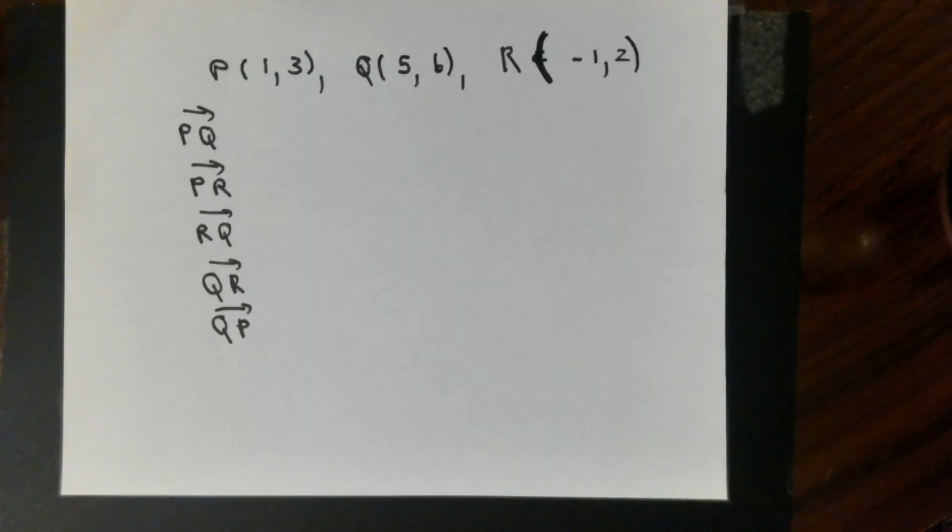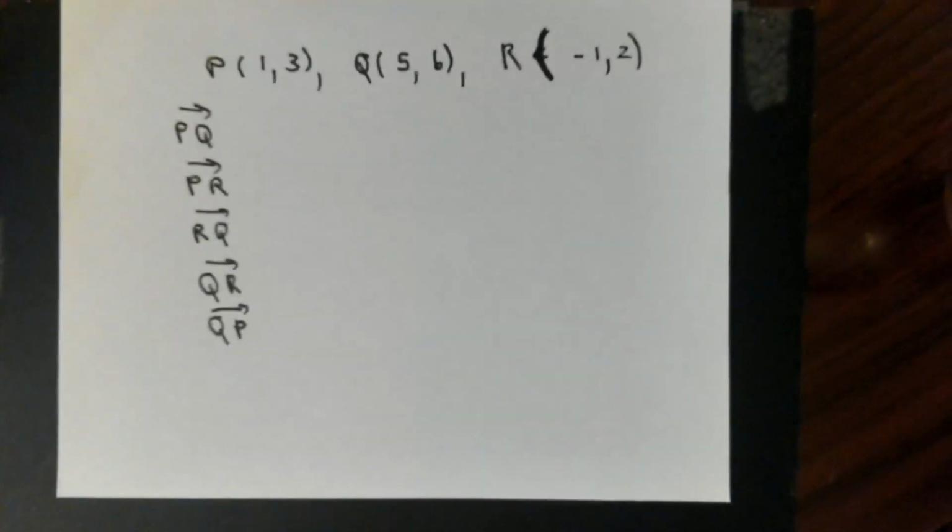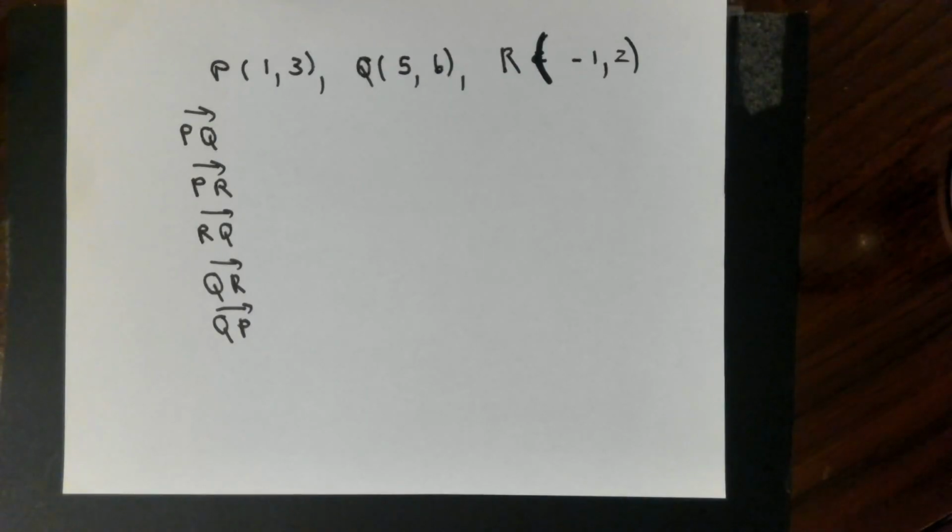Given 3 points in the plane, P, Q, and R, I can form the vector from P to Q, P to R, Q to R, and Q to P by doing the end minus start idea.